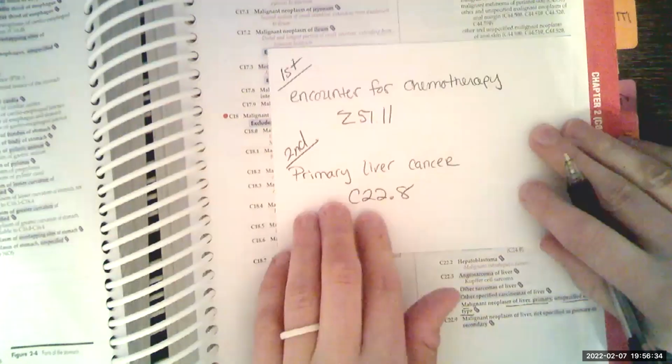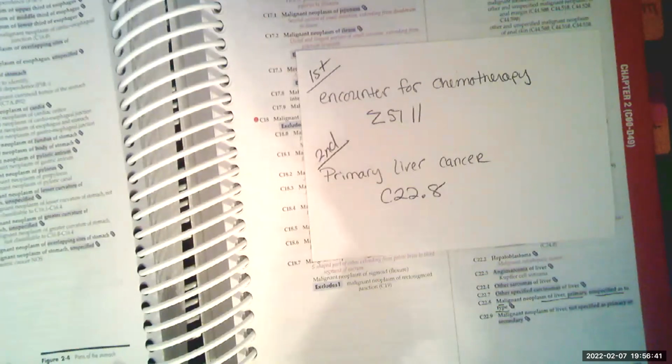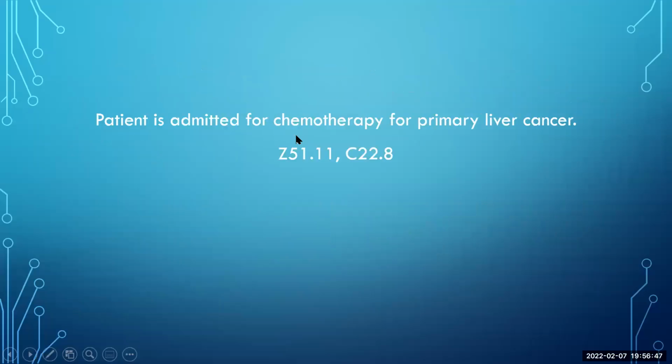We don't need any other reason besides the guidelines said to do that. So let's go back to the PowerPoint and see if we got that correct. Z51.11, C22.8. We found it, we have it in the right order, and the guidelines got us there.